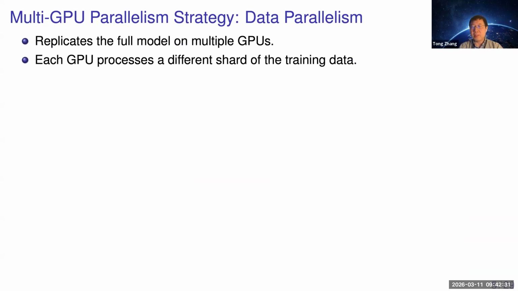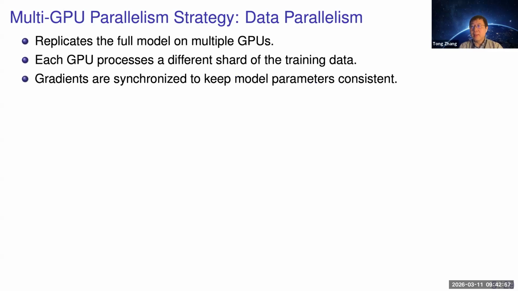If you have a mini batch of 256 and 8 GPUs, then you divide by 8. It's a mini batch of 32 on each GPU, so each GPU corresponds to 1/8 of your total mini batch, and therefore you can process this mini batch in parallel using all the GPUs.